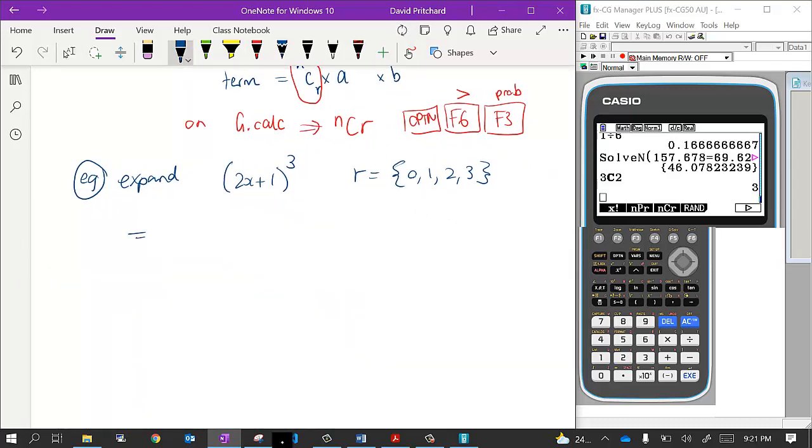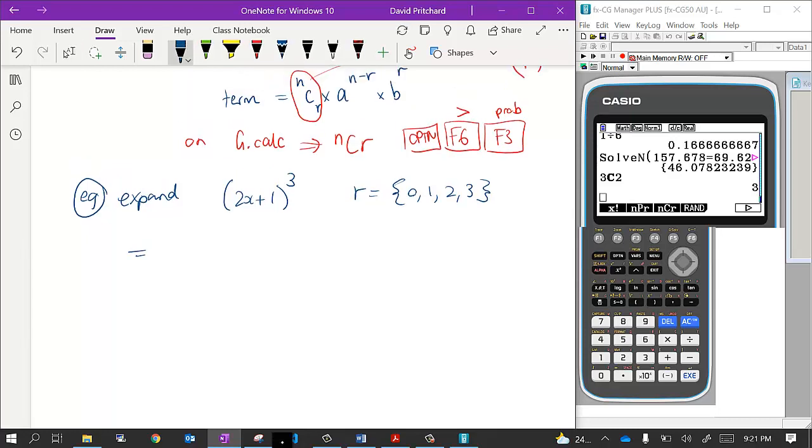Right, so let's expand this out. The first one will be, looking at the general term, the power is 3, so it's 3C0, and then it's 2x to the power of n take r, which means we're looking at 3 take 0, and then b, which is 1 to the power of 0. We can do the second one, and it's now 3C1, so we do everything the same.